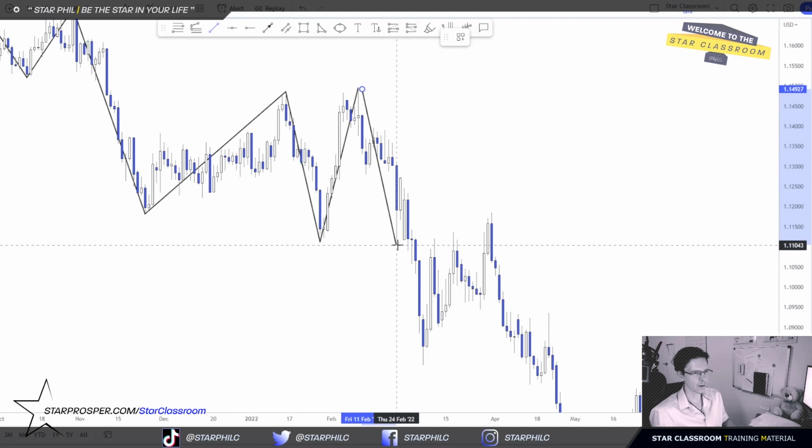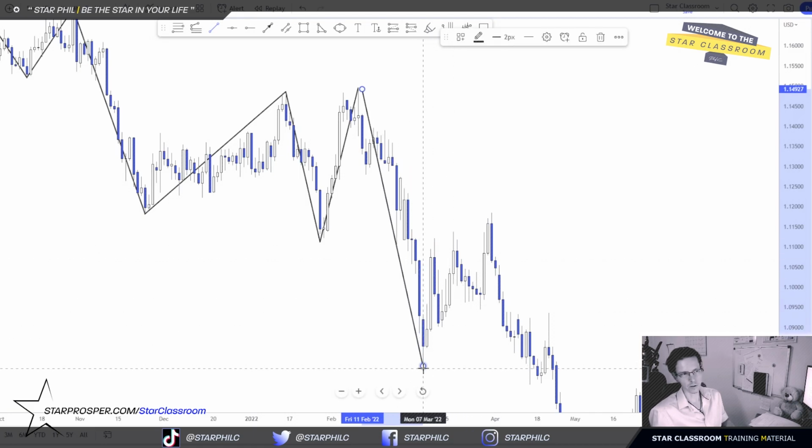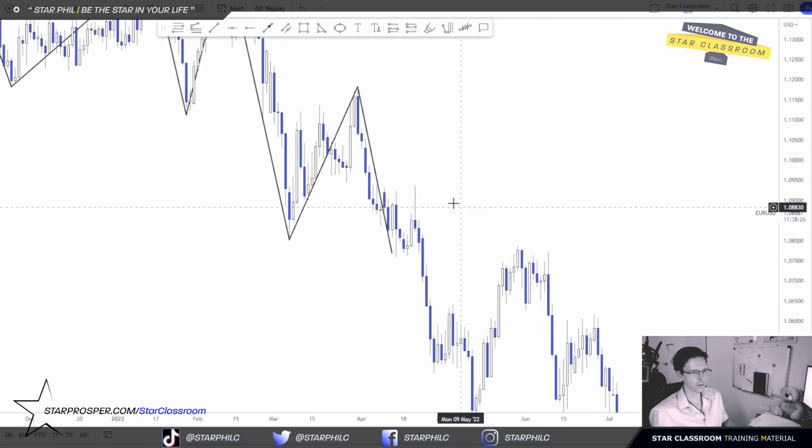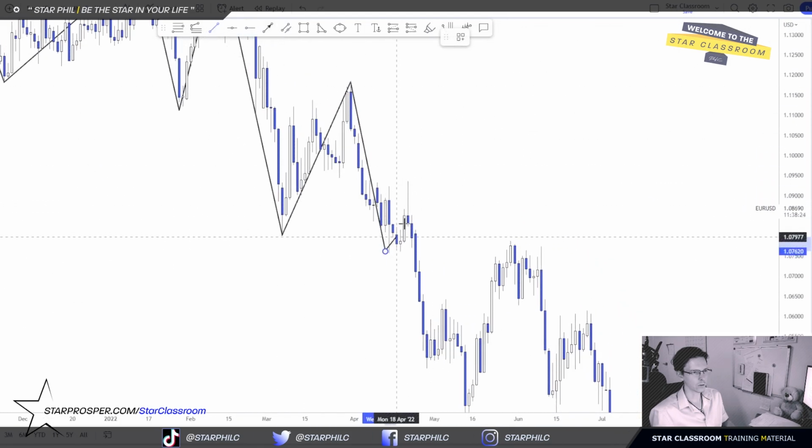Retest right here. Price action continues to move to the downside. Lower low, lower close right here. We continue to press lower. New structure low, pull back, retest, and so on and so forth.